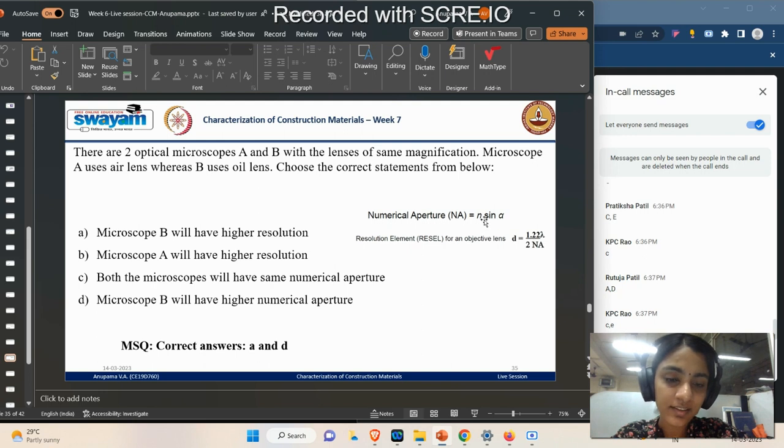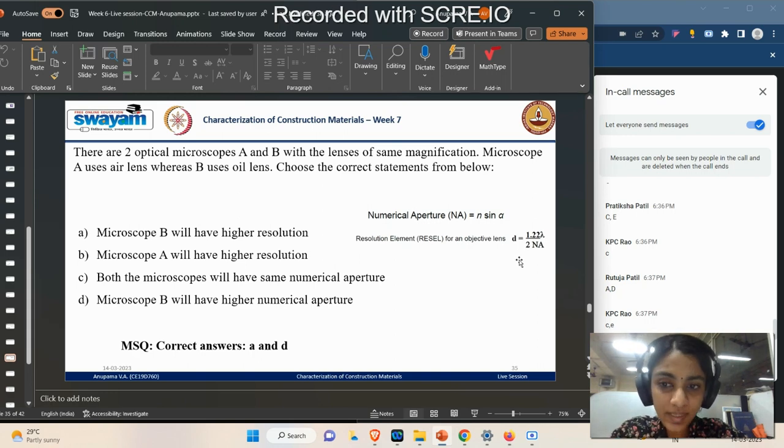As refractive index comes into the picture of numerical aperture, when oil is there, the numerical aperture will be much higher, which means that the denominator will be much higher in the case of the lens which uses oil, that is microscope B. So microscope B will have a higher denominator here, which means that D will be minimum, which means it has got a higher resolution.